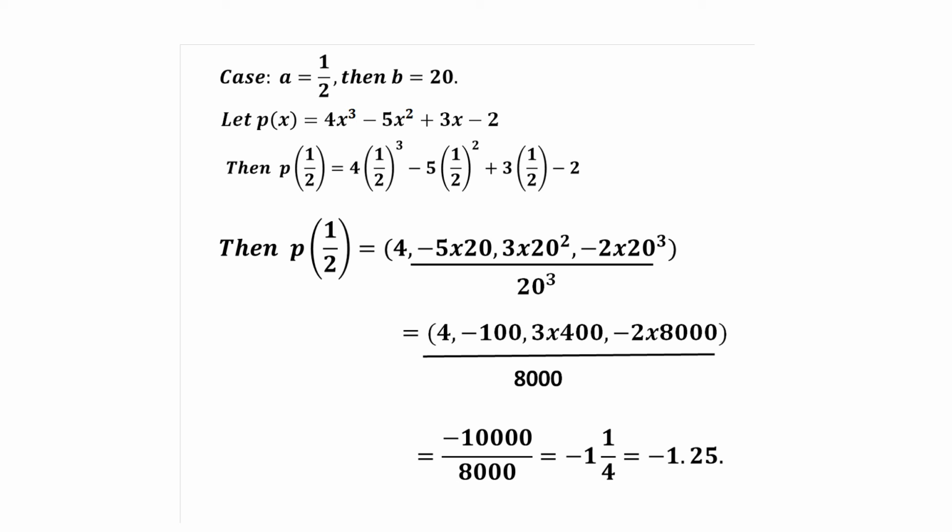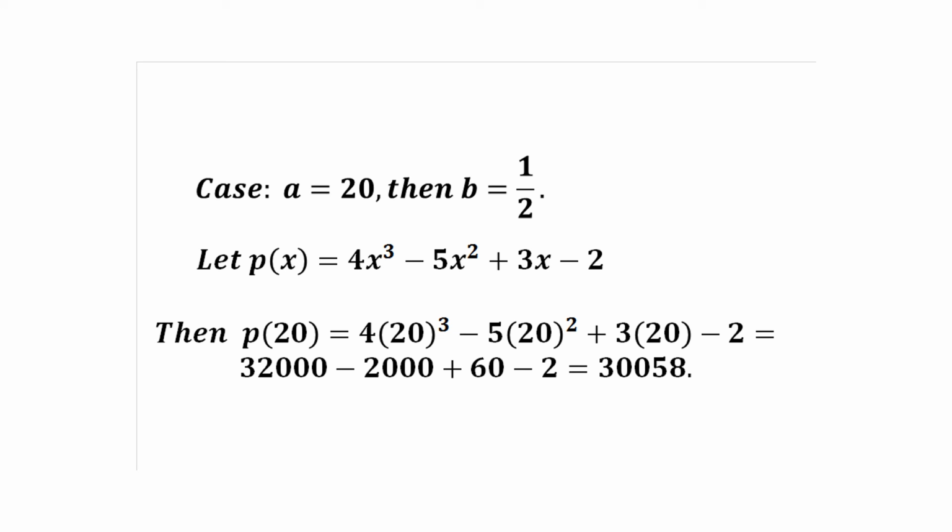And if you then turn the tuple into an integer, you will find that you will have, starting from the right, 3 zeros and a 10, and that's negative 10,000 over 8,000. You knock out the 3 zeros, you got minus 10 over 8, divide by 2 on the numerator and denominator, that's minus 5 over 4, which is minus 1 1/4, which is minus 1.25.